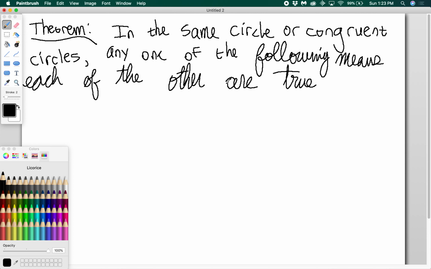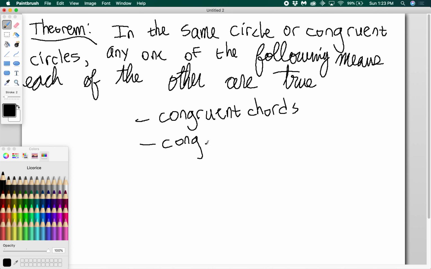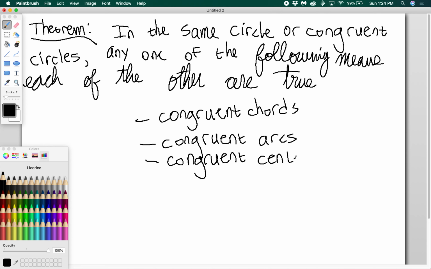The three things are congruent chords, congruent arcs, and congruent central angles. Okay, and I will show you what I mean when I say this.